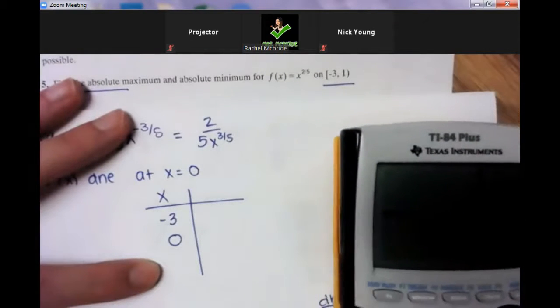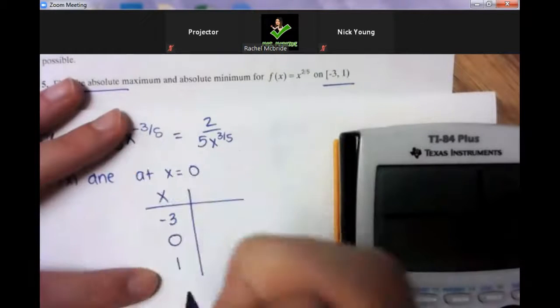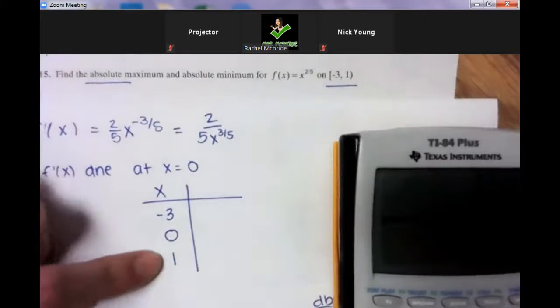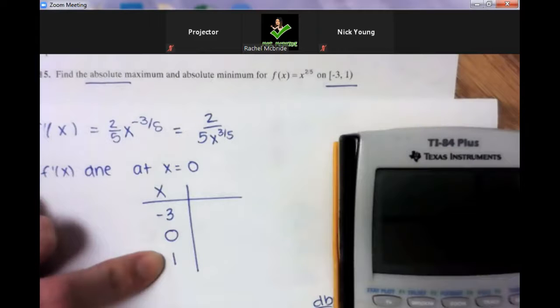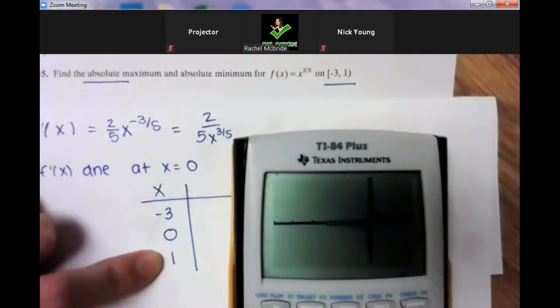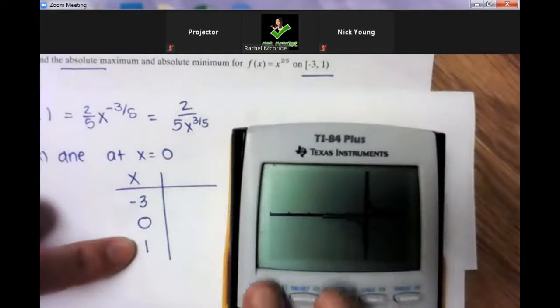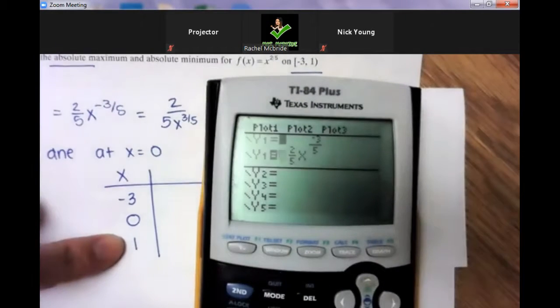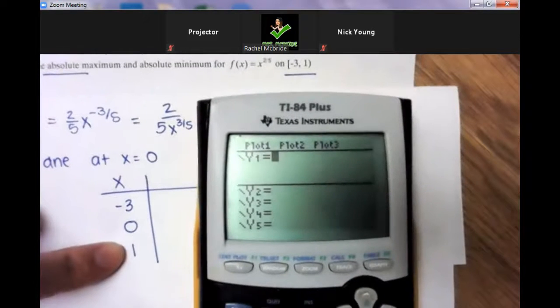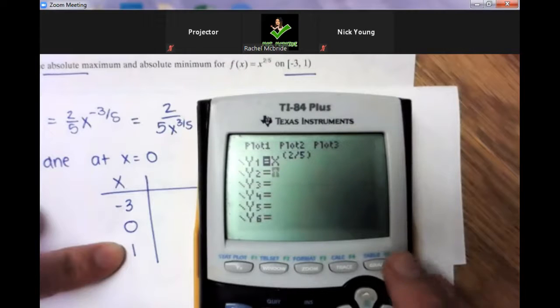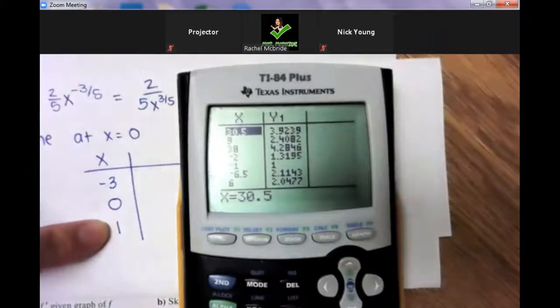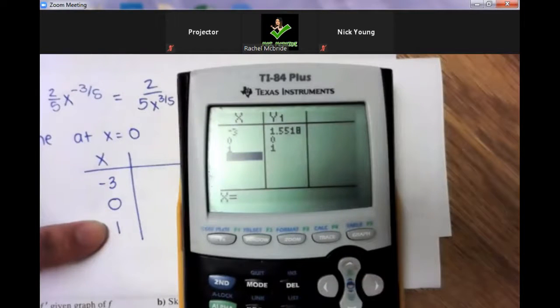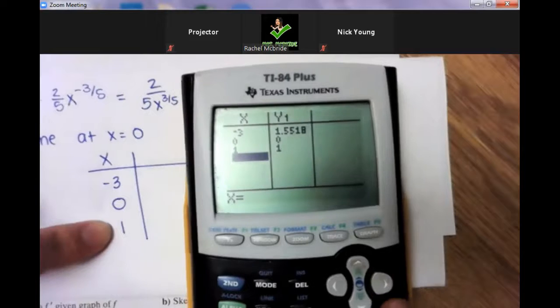And then I can look at 1, knowing we get infinitely close to 1, but never actually hit 1. Once again, since this is a calculator question, now remember I put the derivative in my calculator. You could put the original in your calculator. And then go to your table and input -3, 0, and 1 to find those values.